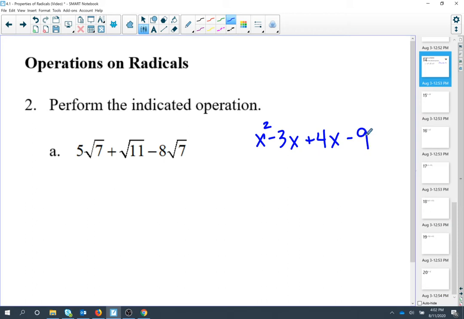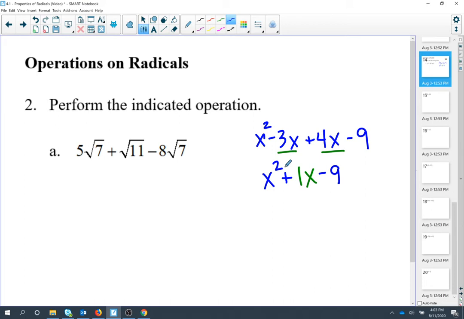And we had to simplify that, and we said, okay, well, we're going to do that by combining like terms. So we found the like terms. We said negative 3x plus 4x, we would add those together, was 1x. And then we would simply drop down our minus 9 and drop down our x squared, and that would be our polynomial written in standard form. Same thing, it just looks funny.